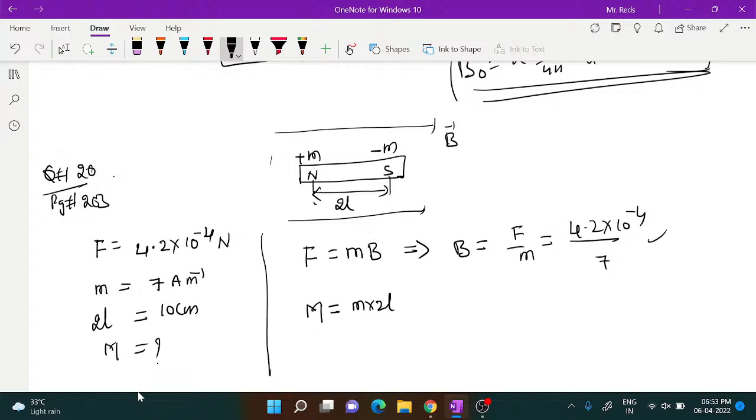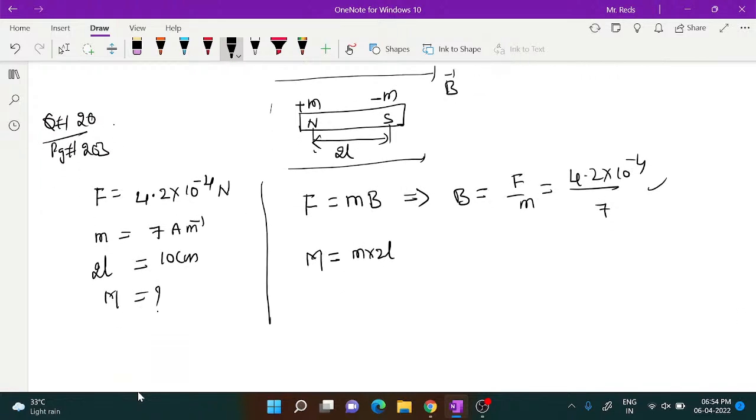For a bar magnet it is m into 2L, not in that way. The moment of the magnet, but in terms of here, 10 minus 4.